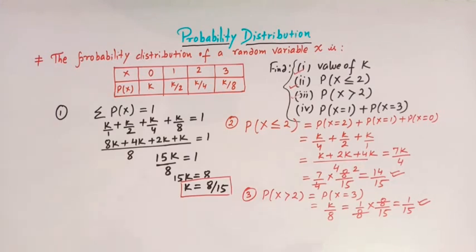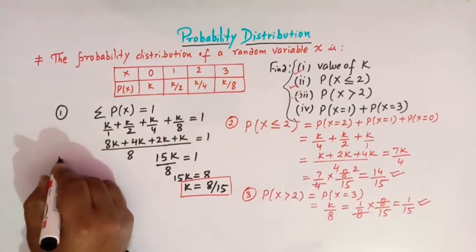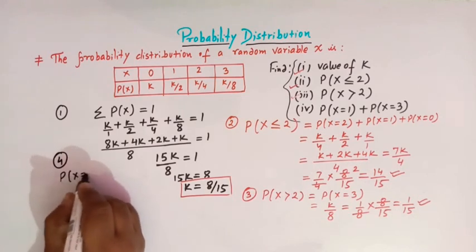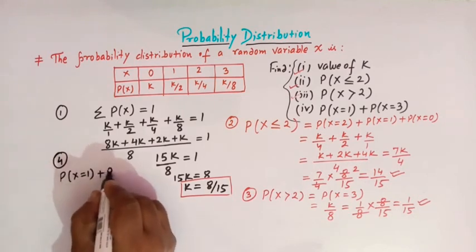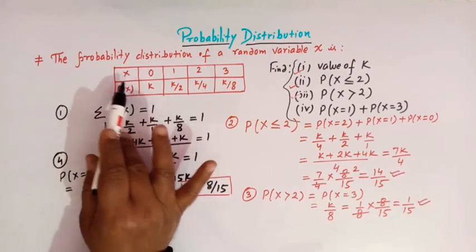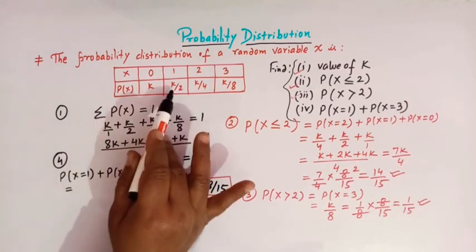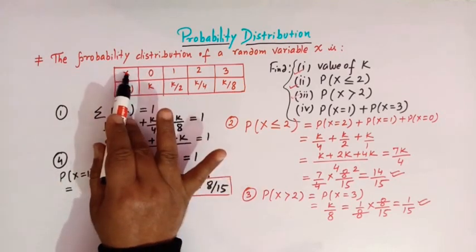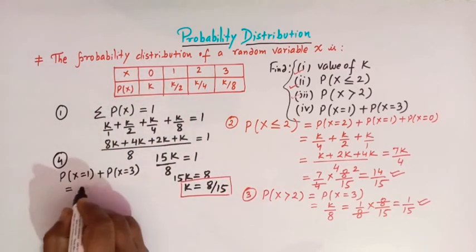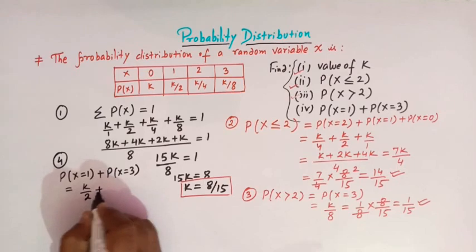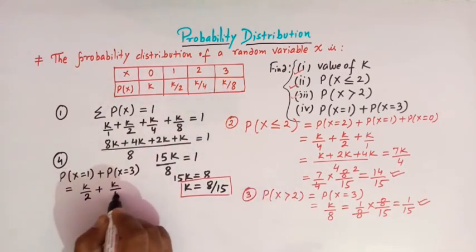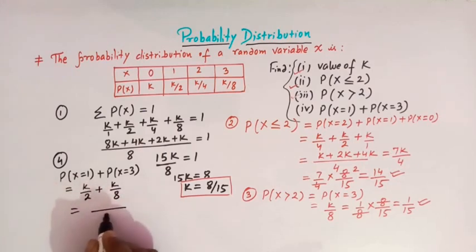Now let us take the fourth one, and here we have to find p of x is equal to 1 plus p of x is equal to 3, right? And p of x is equal to 1 is k over 2, because for x is equal to 1 the corresponding probability is k over 2. So here we have k over 2, and for x is equal to 3 we have k over 8, and we can add these two numbers.